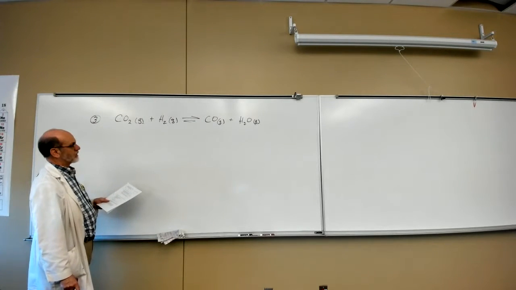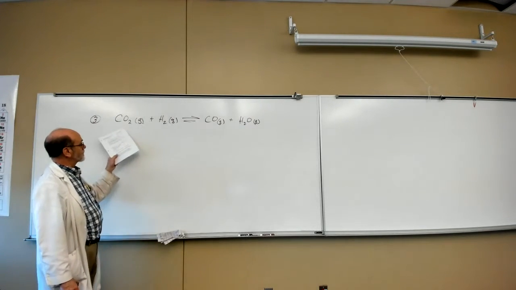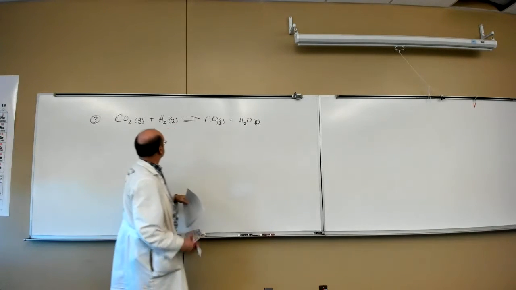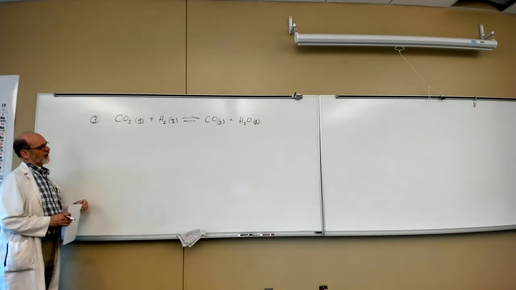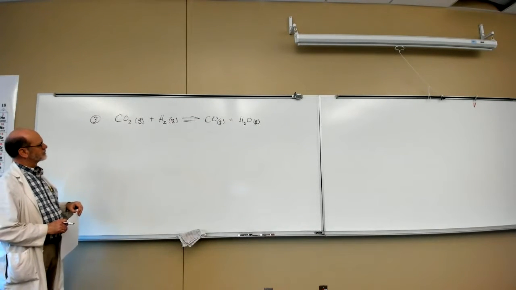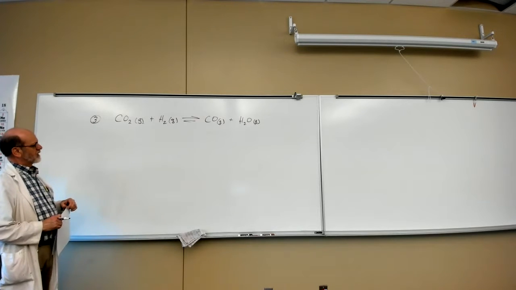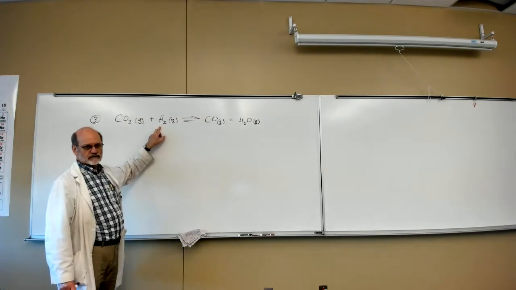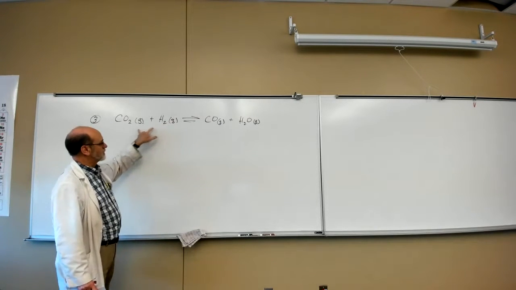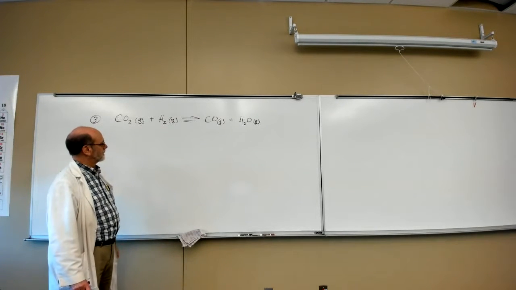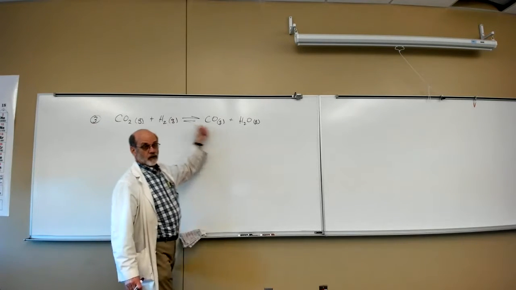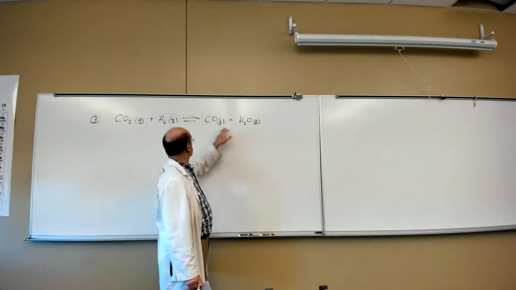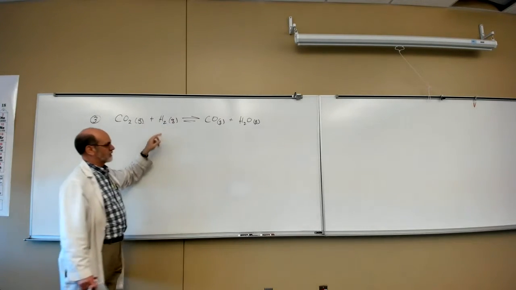So what's happening here? Well, carbon dioxide is combined with hydrogen to make carbon monoxide and water. I can't give you a real world example for that one, because it's difficult to find pure hydrogen in nature to conduct that reaction. Now, since this is equilibrium, it could go backwards. Carbon monoxide and water could make CO2 and hydrogen.